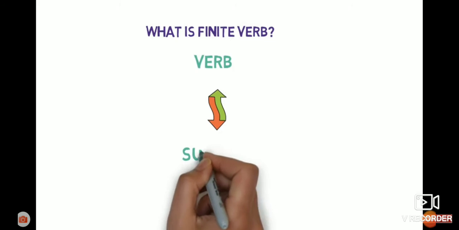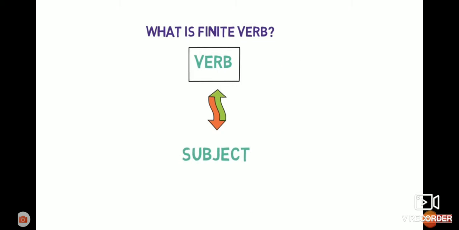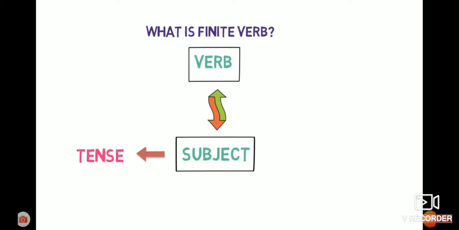A finite verb is a verb that has a finite or limited agreement with the subject. What does it mean? It limits its usage as per the subject's parameter. There are three defined parameters on which this limitation is fixed. First is tense, that is, the subject is performing action in past, present, or future tense.